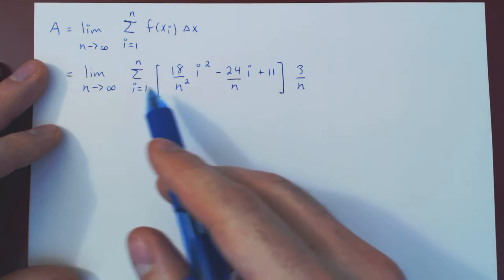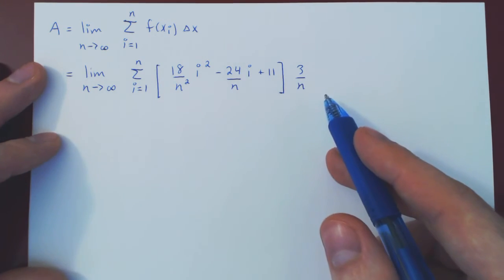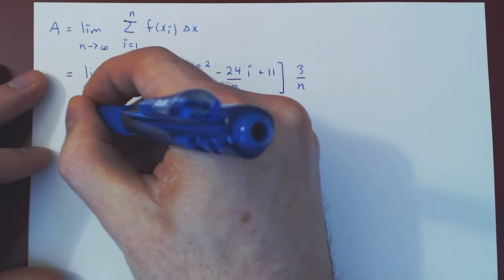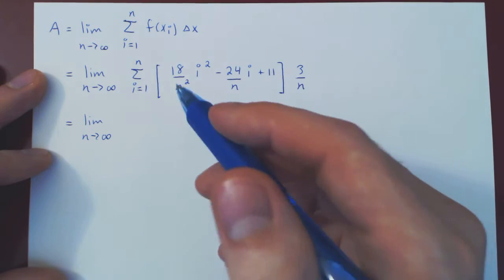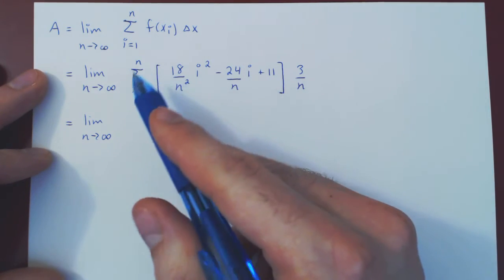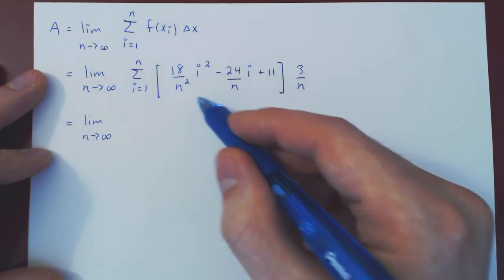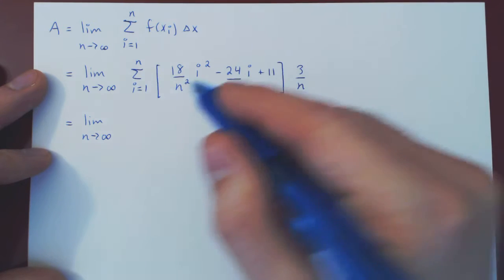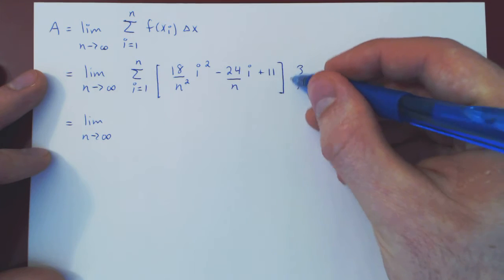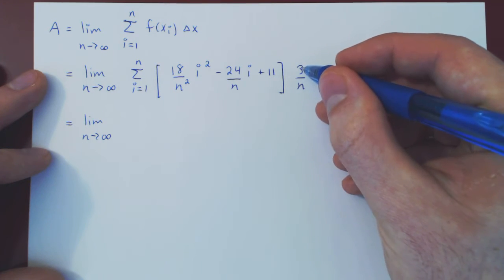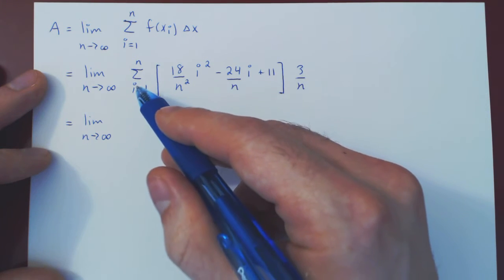And surprisingly, this may look bad, but as we'll see, things work out very nicely, and from this point on, things are really straightforward. So we're going to use here properties of sigma notation and our fundamental sums. First property: we are summing this term times this term, but we're summing with respect to i, so i is changing. But if you look here, it's 3 over n. There is no i here, as i is the only variable changing, as we are summing with respect to i.